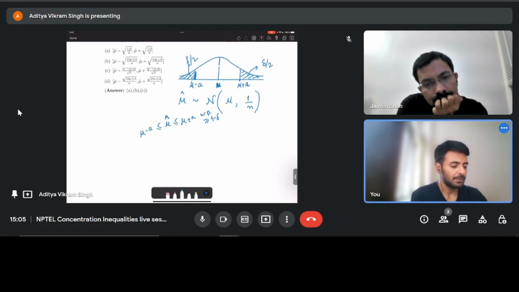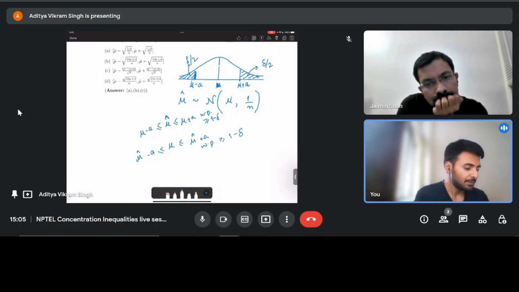This implies that mu lies between mu hat minus a and mu hat plus a with probability greater than or equal to 1 minus delta. So your high confidence interval will be mu hat minus a and mu hat plus a.